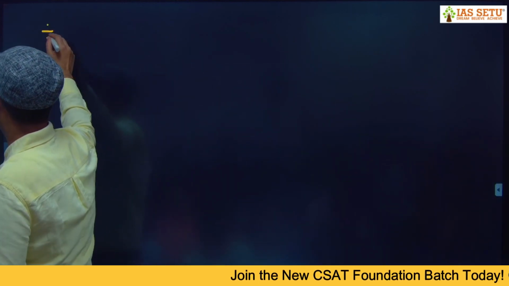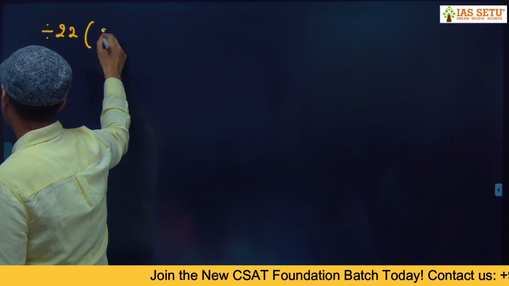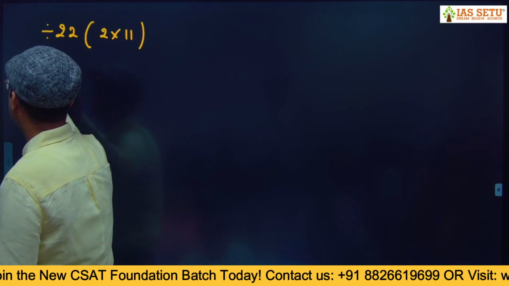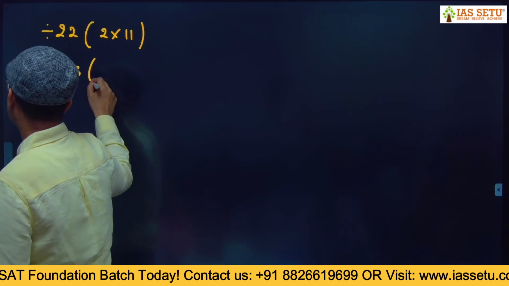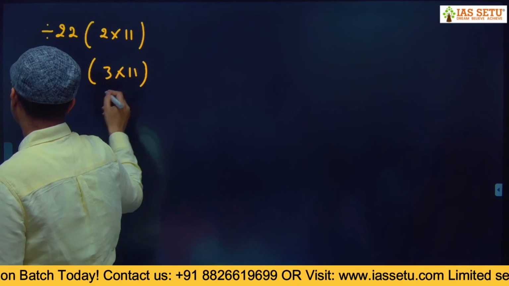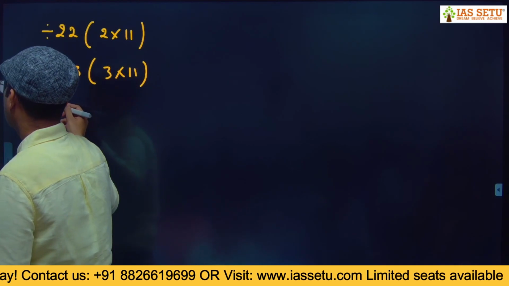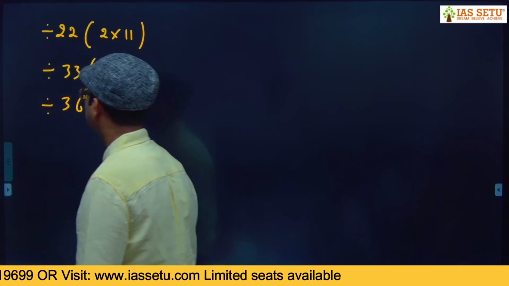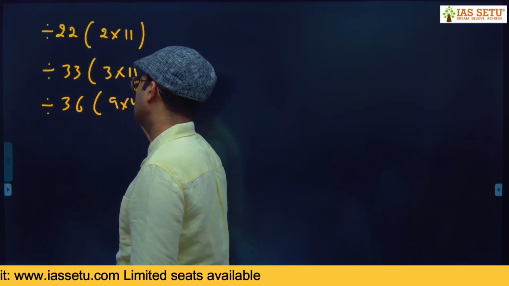How do you check divisibility of 22? 2 and 11. 33: 3 and 11. 36: 9 and 4.